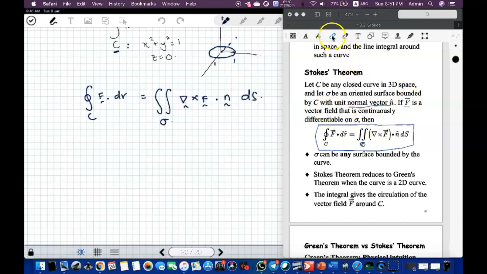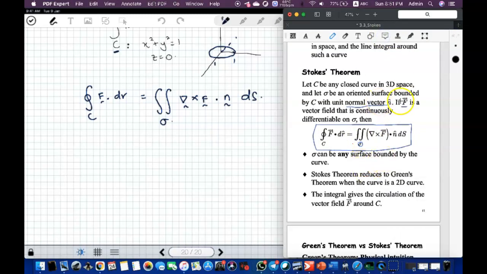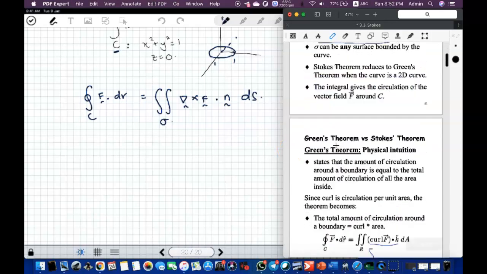The keyword here is continuously differentiable. So F is a vector field that is continuously differentiable on the surface.